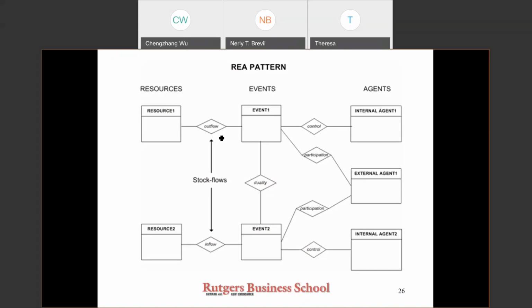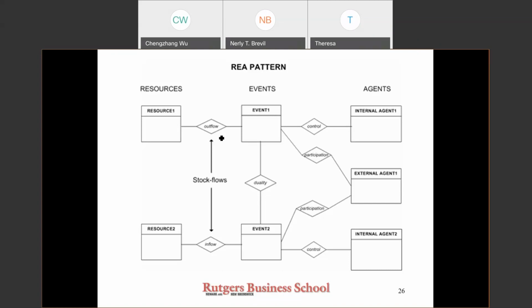Finally, the participation relationship defines the internal and external agents associated with economic events. Internal agents are typically employees, while external agents vary depending on the type of event.